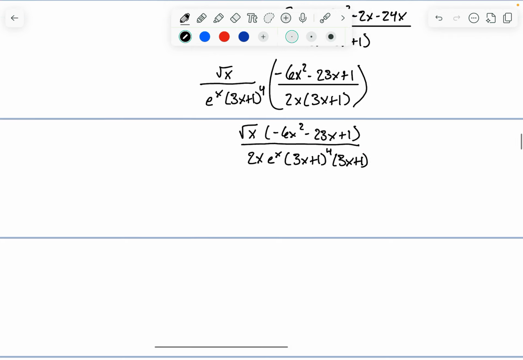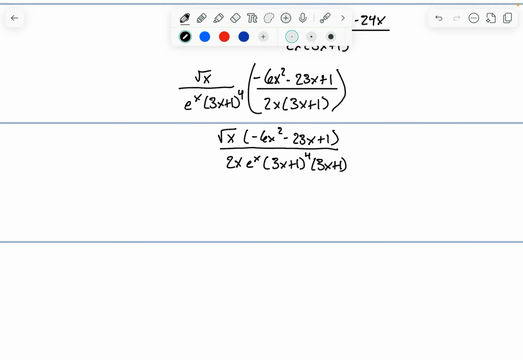Now, there's a few things that we could do here. These two, since they have the same base, they're both 3x plus 1, and there is a little invisible 1 right here, their exponents can add to each other. So this is going to turn into 3x plus 1 to the power of 5.